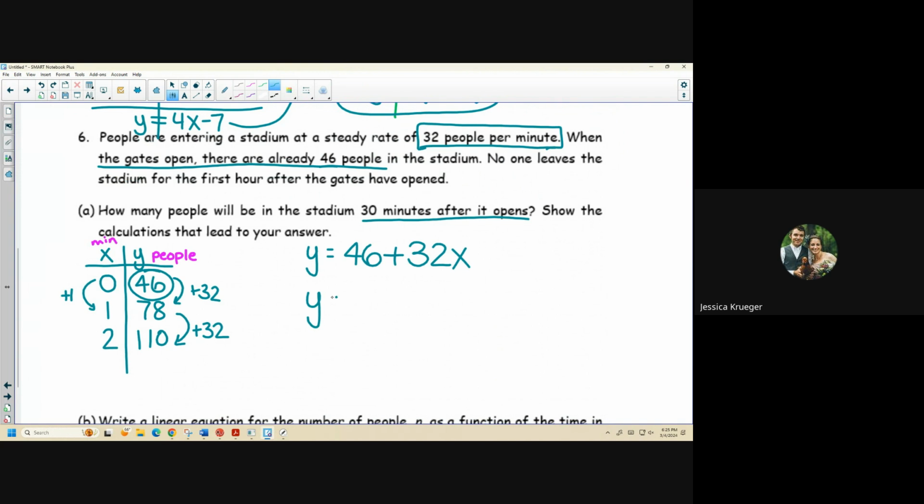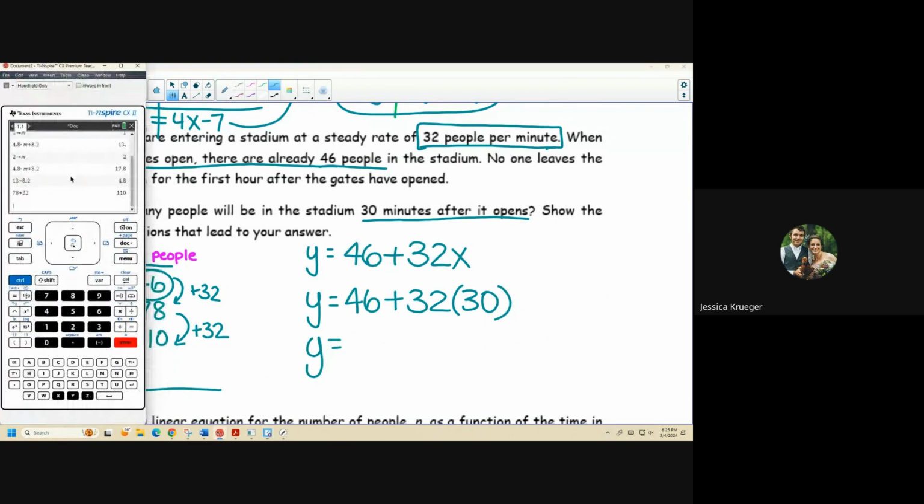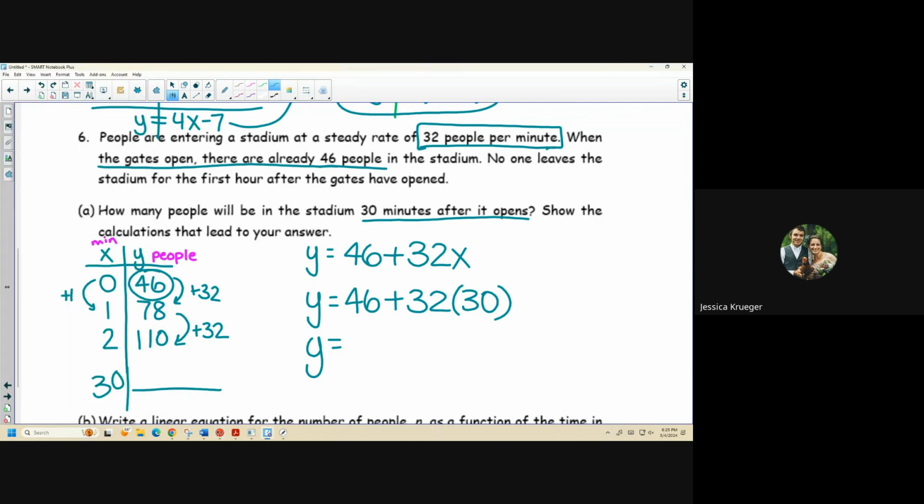So for 30 minutes, I'm trying to figure out when x is 30, what's the y value? So 46 plus 32 times 30. And this we'll go ahead and do in our calculator. Oh, wow, that's 1,006 people.